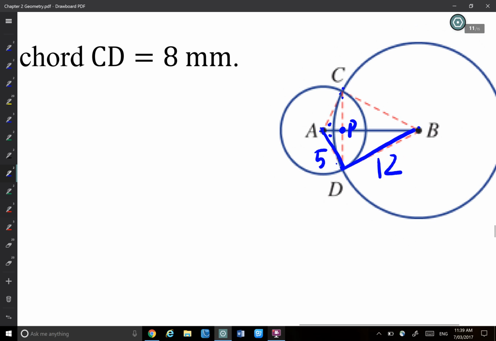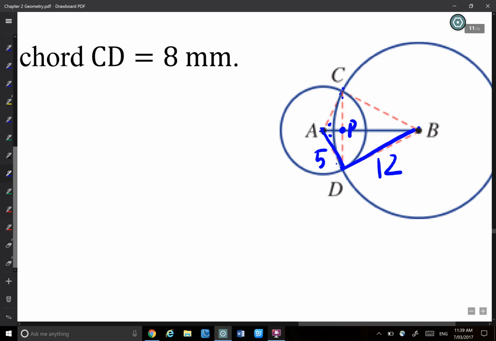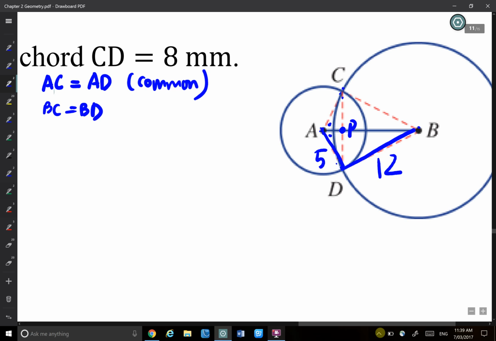Think about those two triangles, ACB and ADB. So AC equals AD, because that's the radius. And also BC equals BD. That's the radius as well.